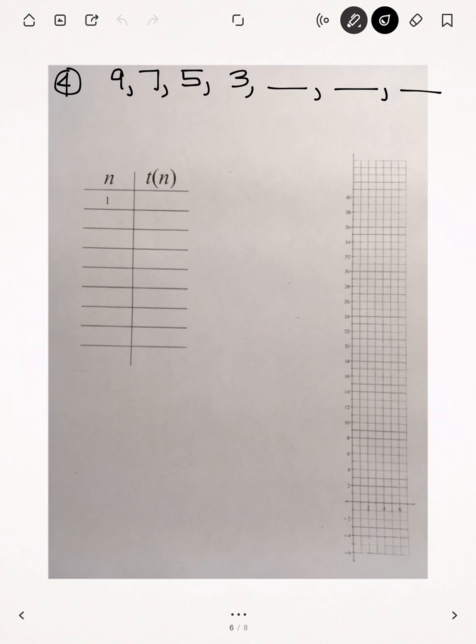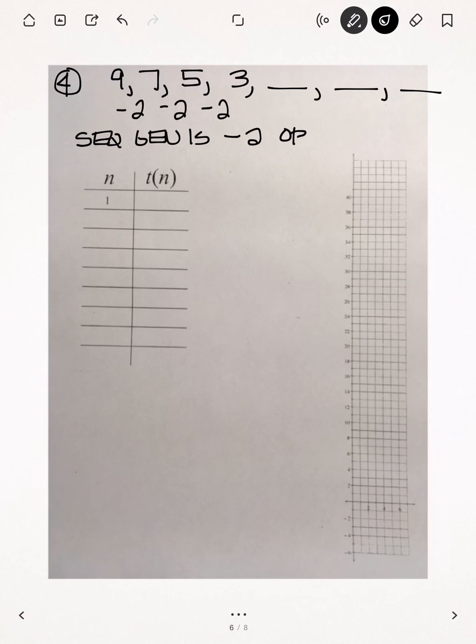Okay, next one. Let's look at this one and see. This one's a little different because notice the numbers are getting smaller. What is happening each time as I go from 9 to 7, 7 to 5, 5 to 3? Well, looks like I'm subtracting 2. I'm subtracting 2. I'm subtracting 2. So my sequence generator is subtracting 2.